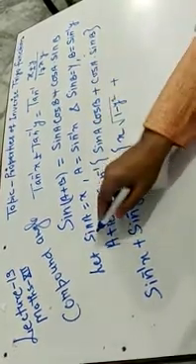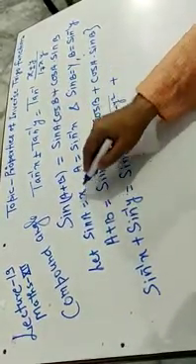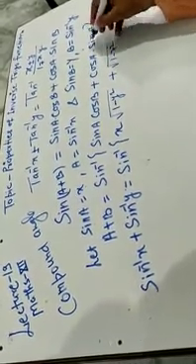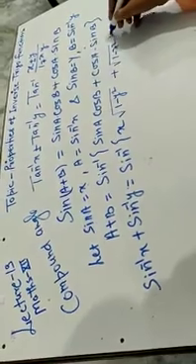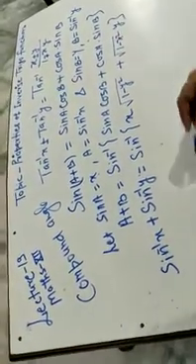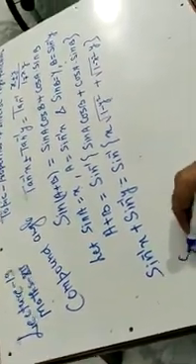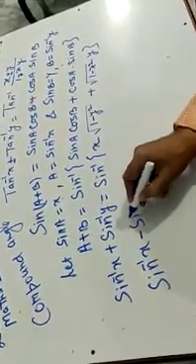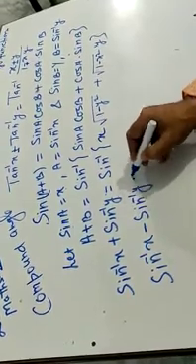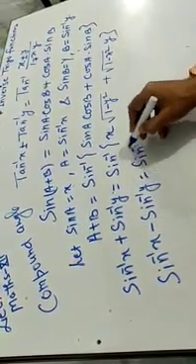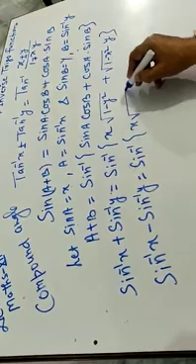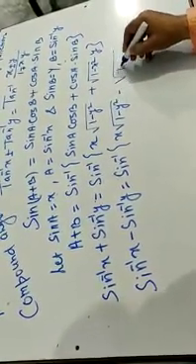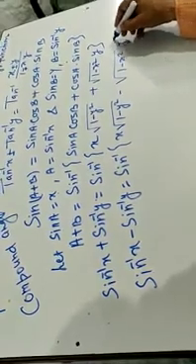If sine A equals x, cos A equals root of 1 minus x square, and sine B equals y. Similarly, you can prove sine inverse x minus sine inverse y equals sine inverse of x under root 1 minus y square minus root of 1 minus x square into y.